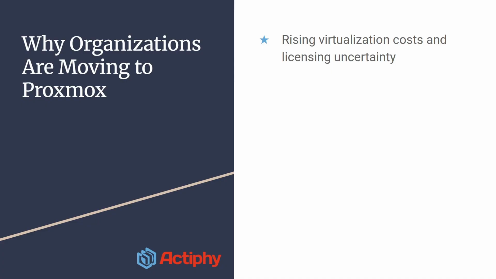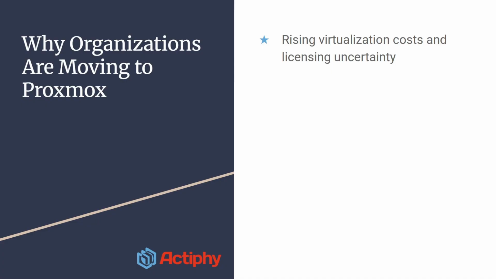For MSPs and enterprise IT teams alike, this creates a real uncertainty. Infrastructure planning depends on predictability, and when licensing becomes volatile, it affects budgeting, contract renewals, and long-term strategy. Proxmox has entered that conversation not simply as an alternative hypervisor, but as a platform that restores cost transparency and operational control.